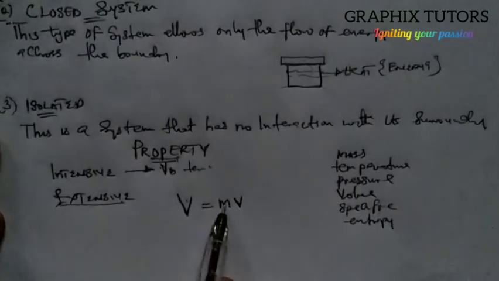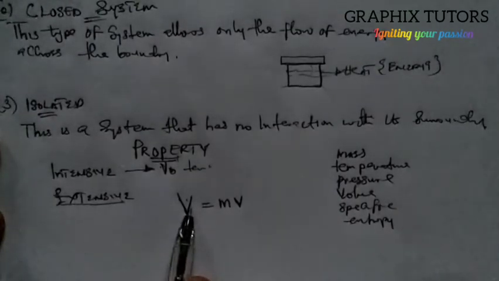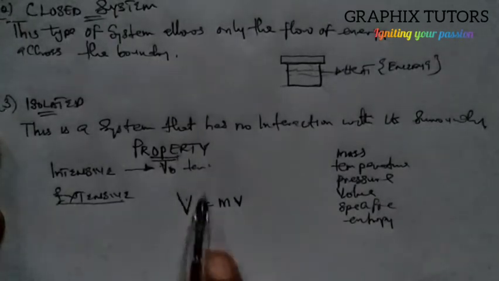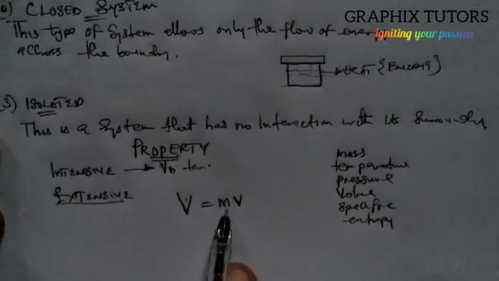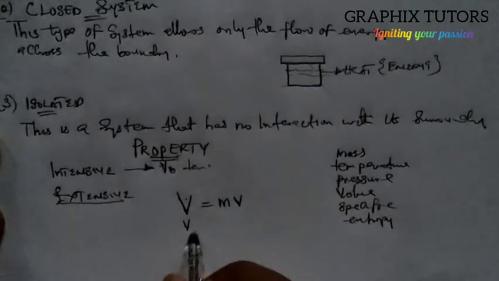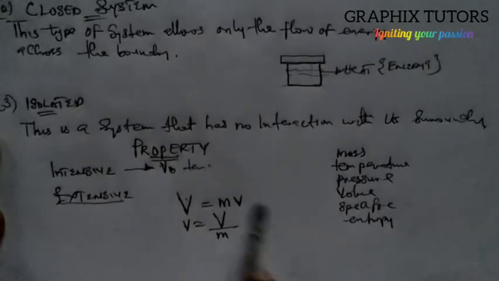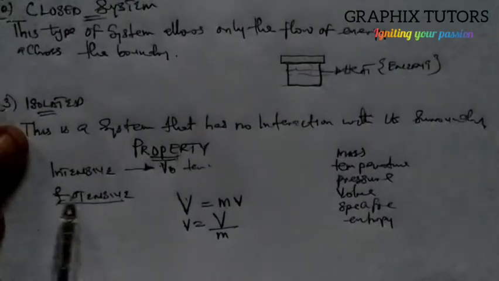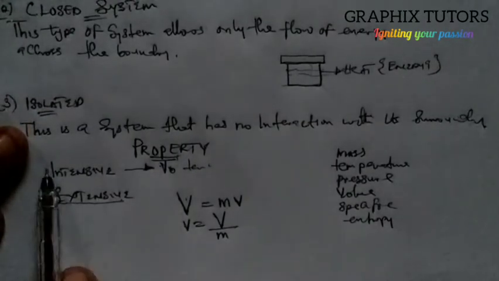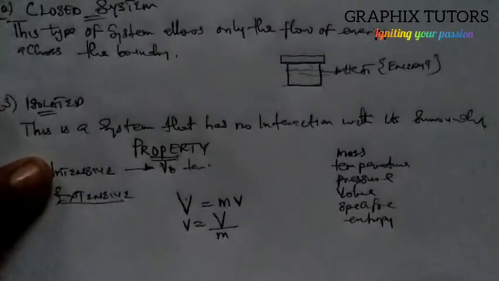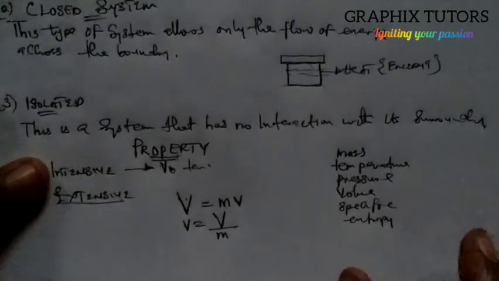So the volume is equal to the mass times small v. It means extensive property is equal to intensive property times mass, while intensive property is equal to extensive property divided by mass. So this is a little explanation on property. We need to know the extensive property is always in capital letter and intensive property is always in small letter. Sometimes when you hear per unit mass, you are talking about the intensive property.